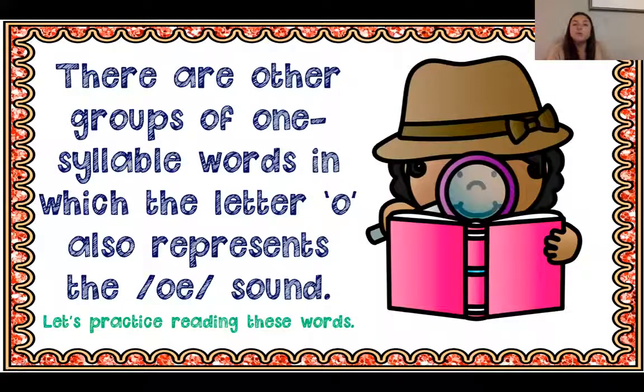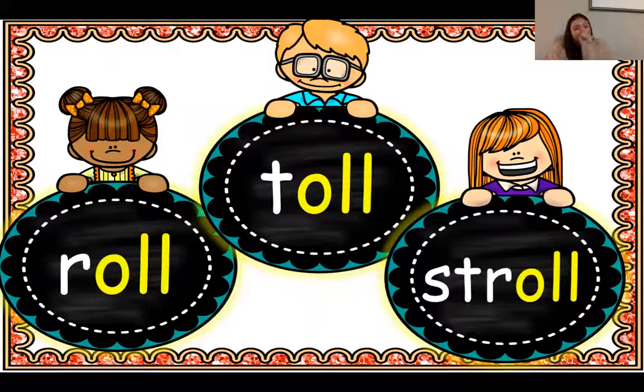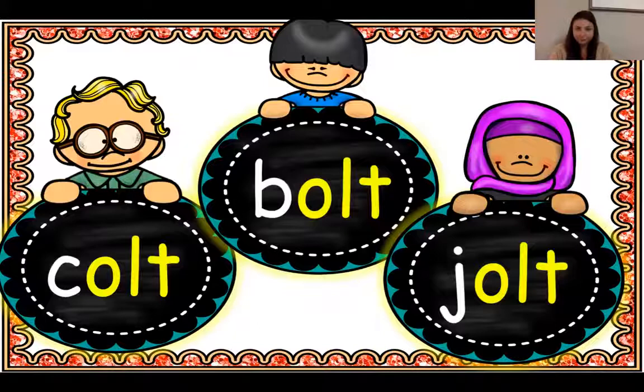There are other groups of words in one syllable where the O says the O sound. Sorry guys, I have a tickle in my throat that I cannot get rid of. I see this in words like roll, toll, stroll, colt, bolt, jolt.